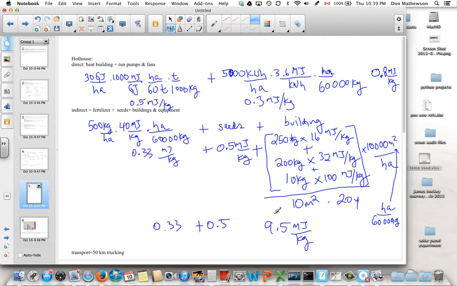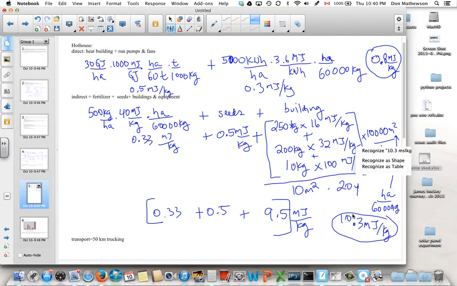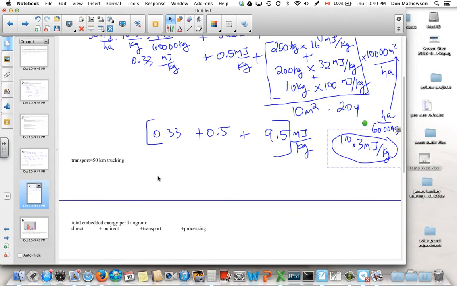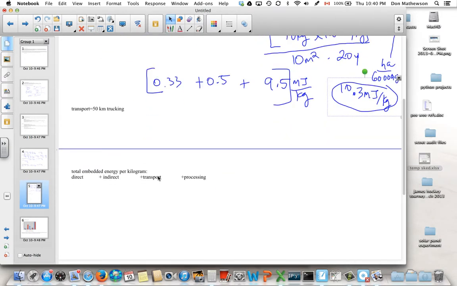So here we have then the total indirect energy for the hothouse, and we see it's 10.3 megajoules per kilogram. That's the total indirect. So tremendous amount of energy just locked up in making that greenhouse. Now, this is quite local, so we're not expecting a whole lot of transportation energy here.